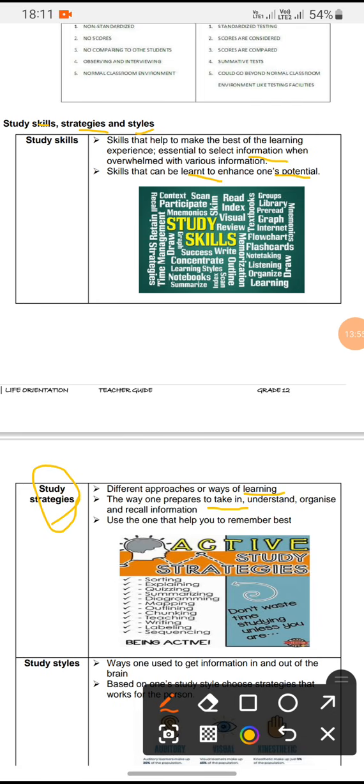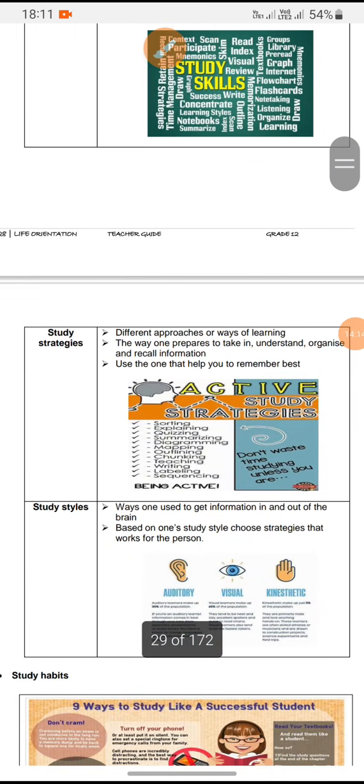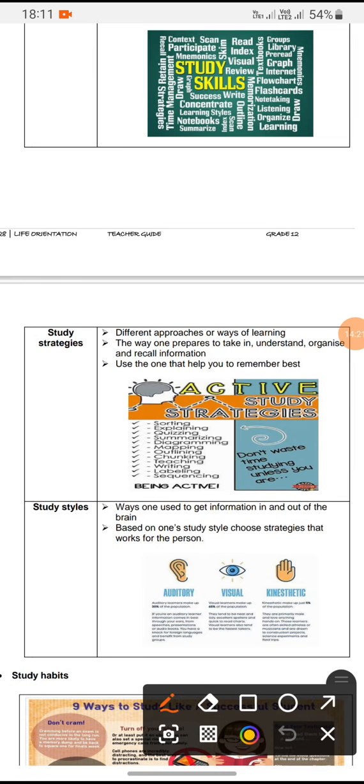That is the strategy to recall information, approaching a way of learning. So these are the examples. So yeah, we go to your study styles.